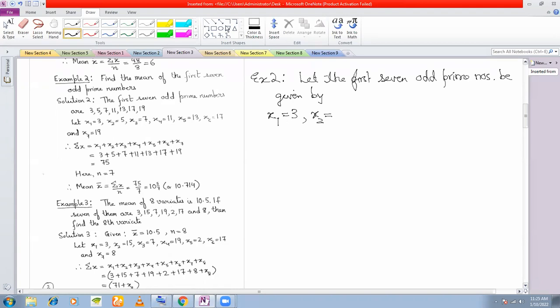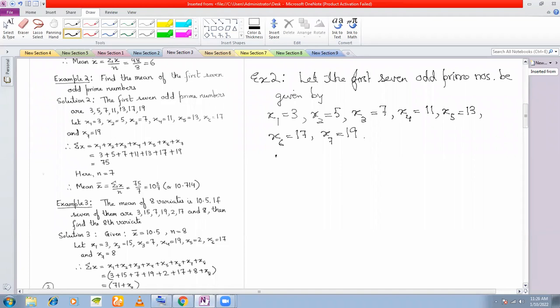Two. All primes are odd except 2. So x1 is 3. Next prime number will be 5. Next will be 7. Next will be 11. Next will be 13. Next will be 17. And next will be 19. So these are the first 7 odd primes.